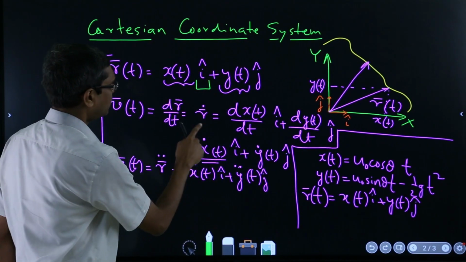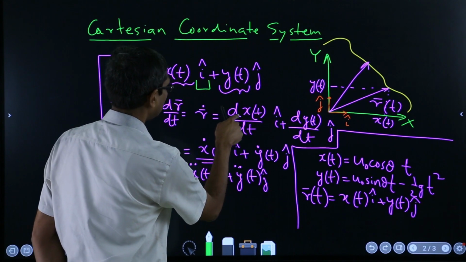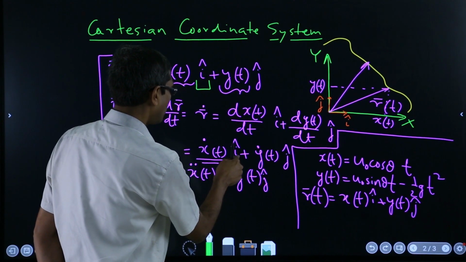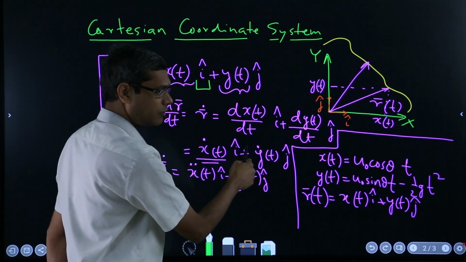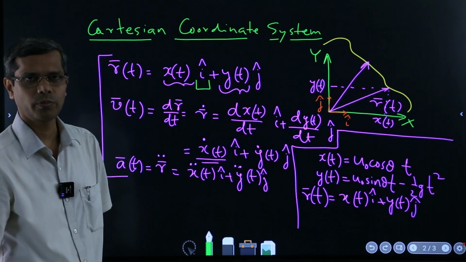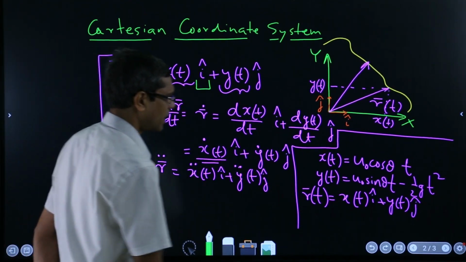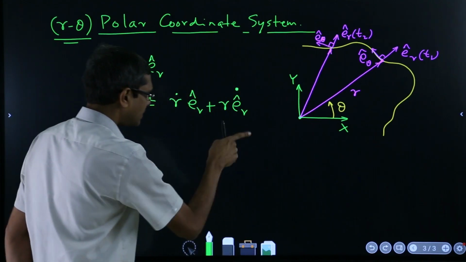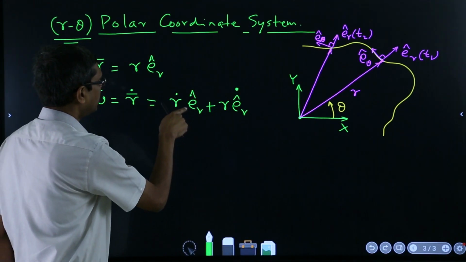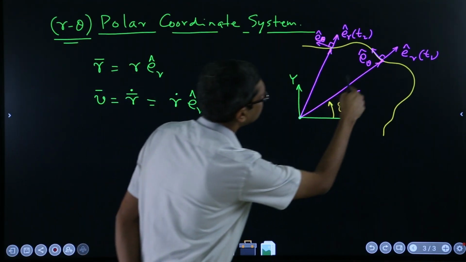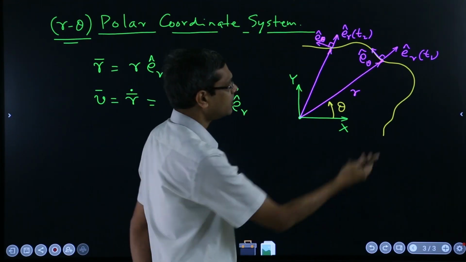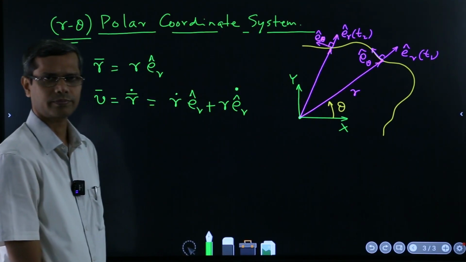So, that is why here we did x dot times I plus x times I dot, which was 0. I dot was 0 because I was not changing with respect to time. But now exactly the opposite is happening. Here ER is not fixed anymore. ER is changing with respect to time.